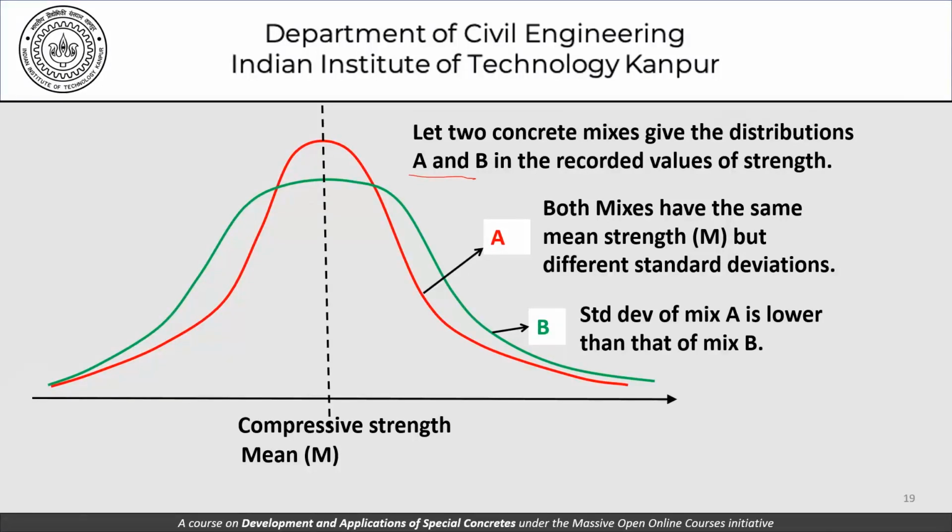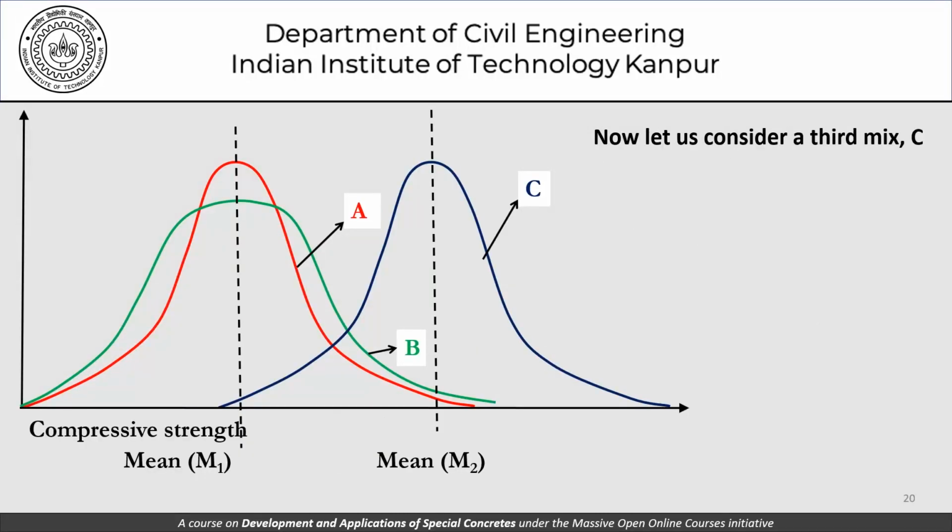The standard deviation of A is lower than that of B. So this peak is sharper here, and therefore the standard deviation is lower, which means that with better quality control, more of the concrete will fall close to this mean value. There will be fewer deviations, but if the quality control is bad, there will be larger amounts of concrete deviating from this mean value.